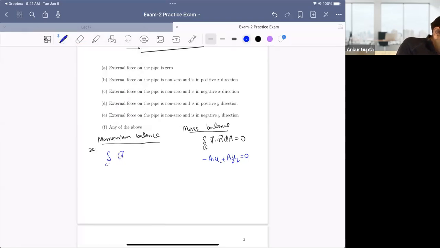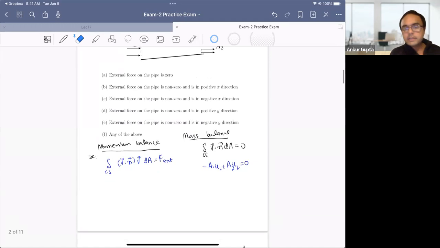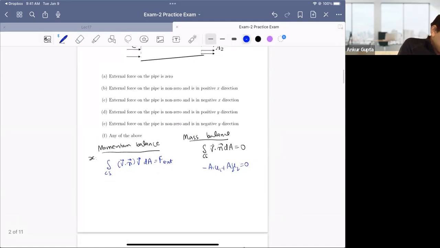So the integral over control surfaces of V vector times V dot N dA is equal to F external, and this is F external in the x direction only. Naturally the y direction components are all out, because the flow is in the x direction, everything is in the x direction. So it's the x direction only option. So it could be either B or C. But let's keep going from here.